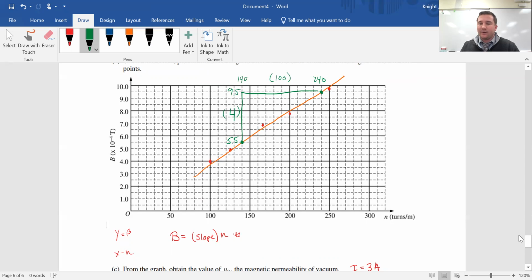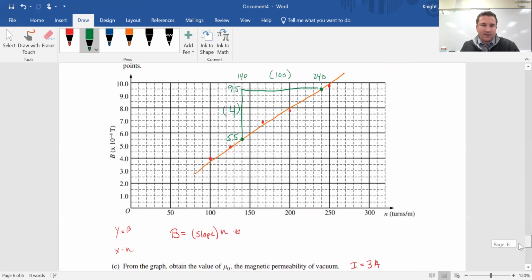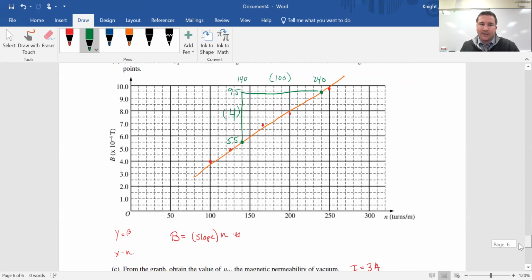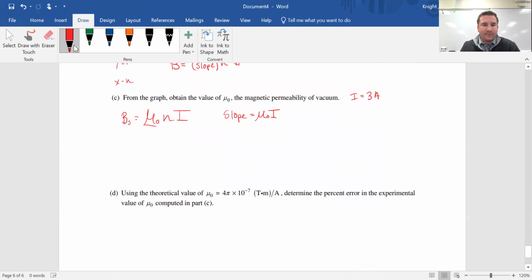So rise over run, we'll get 4 over 100. Oh, that's times 10 to the negative 4th. So 4 times 10 to the negative 4th over 100 will give us our slope, which is 4 times 10 to the negative 6th.